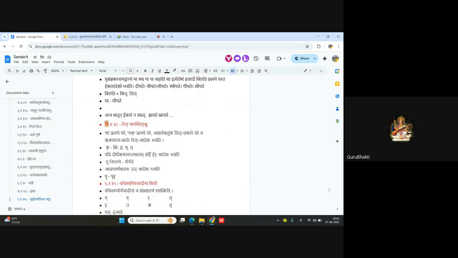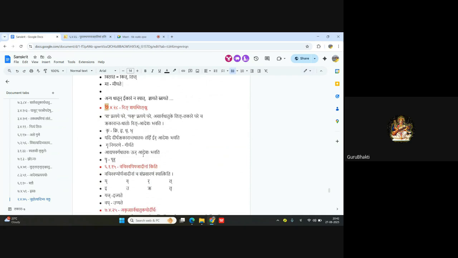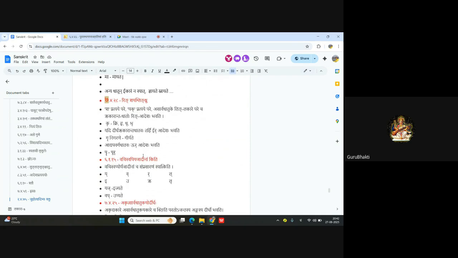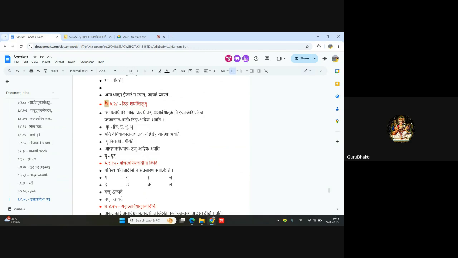Okay. Shall I go to the next sutra? Next one is Ring Shaya Glingshu. Sutra is there, Ring Shaya. That much is there. This sutra says, forget about all this explanation.